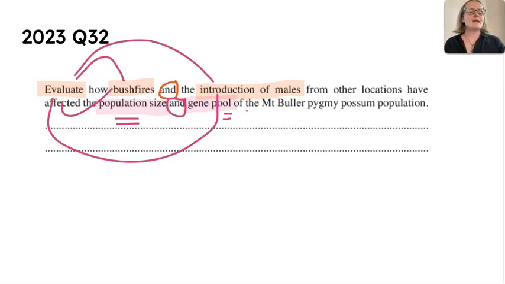And then if you bring in data from your graph, so actual numbers and actual trends, and you talk about things that are related to this, so keywords like genetic drift, and make sure you use that correctly, gene pool, biodiversity, bottleneck effect. So there are lots of terms that you can bring in that will then elevate your response up to a 7-mark response.